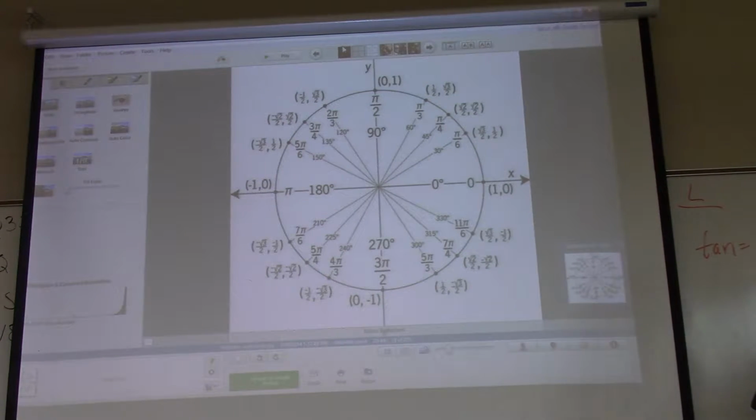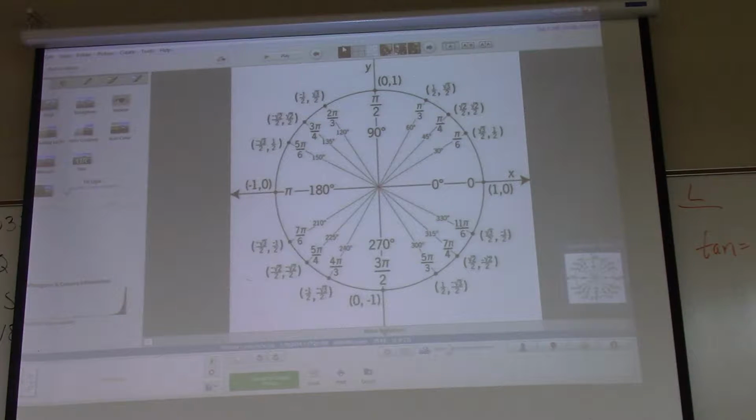It will get easier, I promise. I'm going to give you another hint if you're still stuck. This point value is square root of 3 over 2, 1/2. This point value is 1/2, square root of 3 over 2.